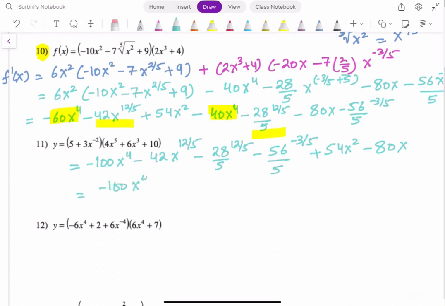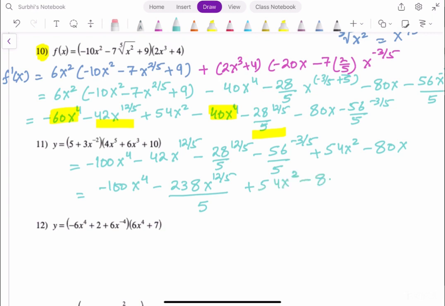Now be careful with combining the like terms. When you combine the like terms, remember we have negative 42x and negative 28. So we are making the common denominator. That's how you will solve the fraction. So you will get a negative 238 because we made the common denominator. And then we have negative 56.